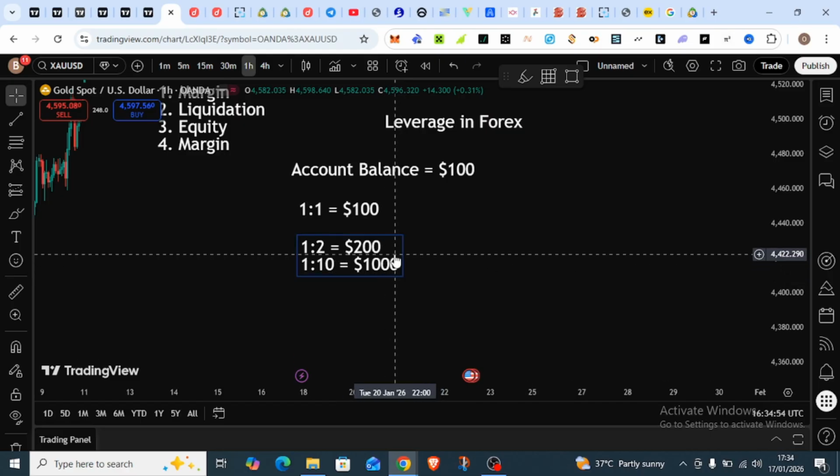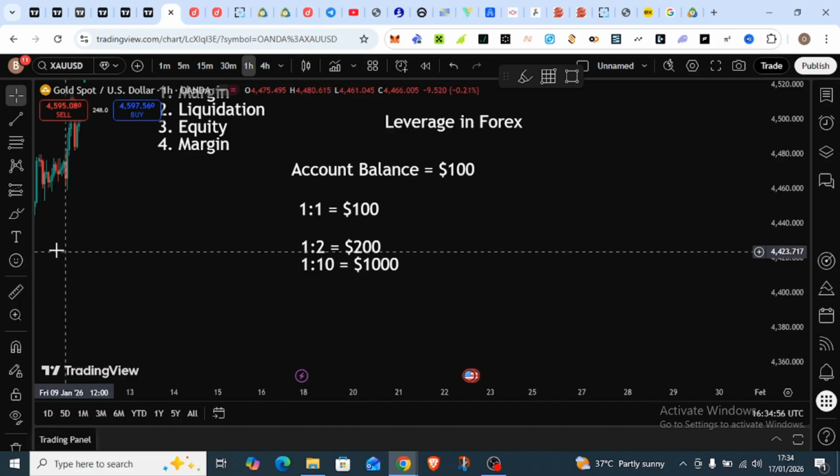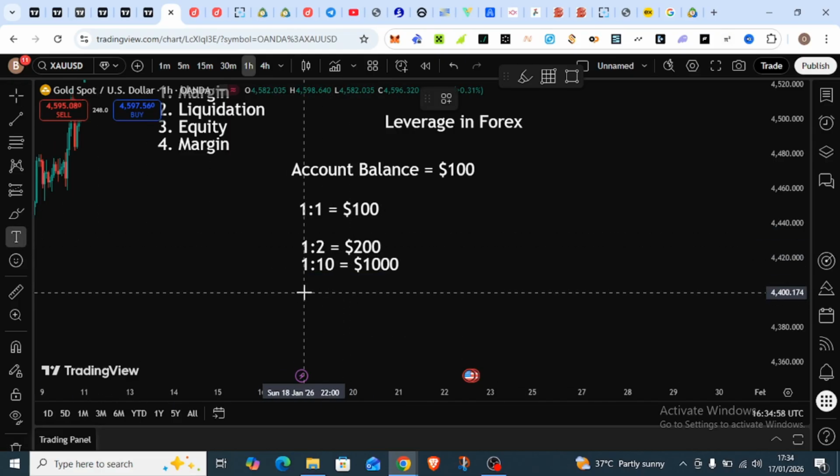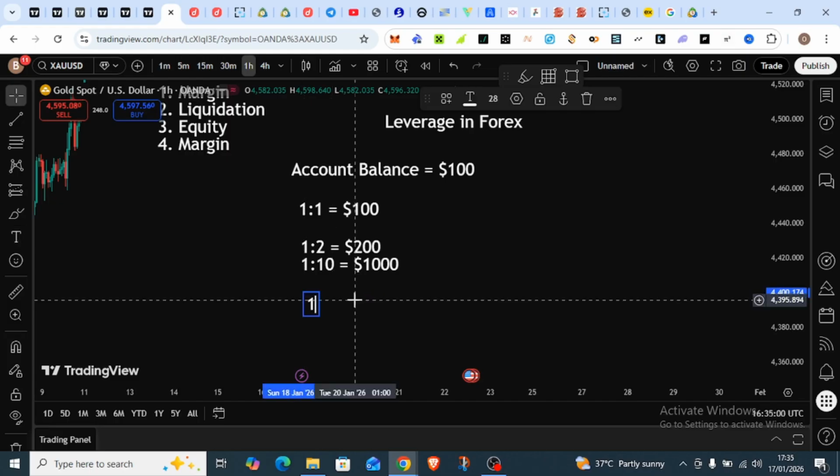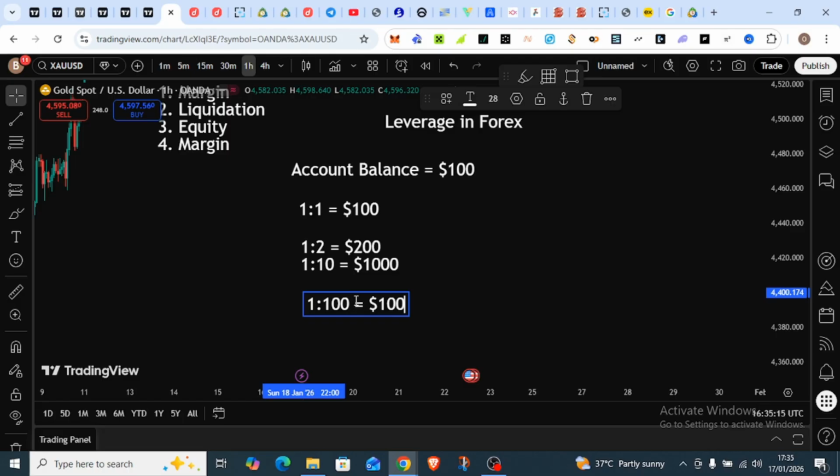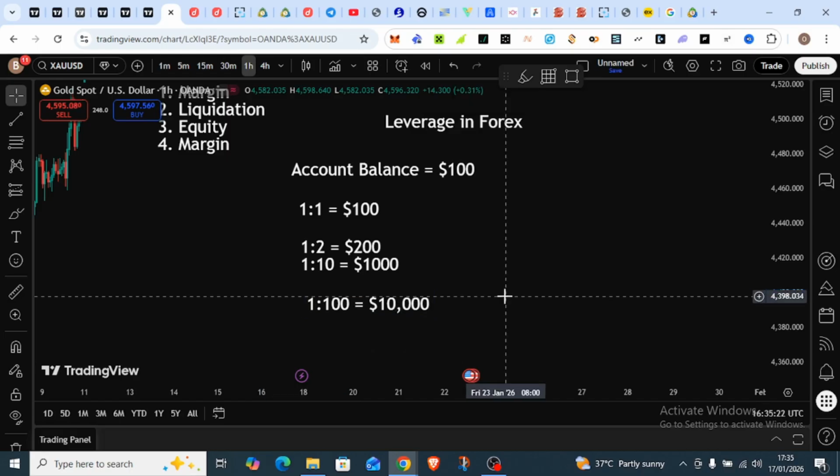Let's take the next example. 1:100. If you have 1:100, the maximum units of assets you can buy is 10,000 units. Is $10,000 here.